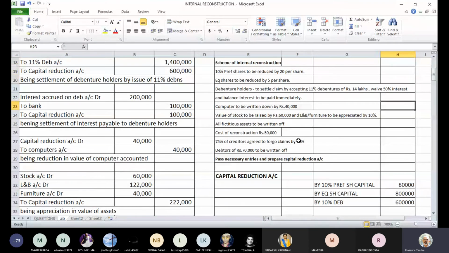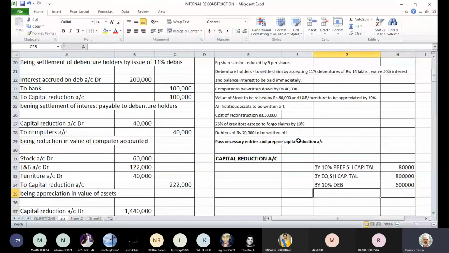Then interest accrued on debenture, capital reduction is credited by 1 lakh. So by interest, then we have written off computers, 40,000.